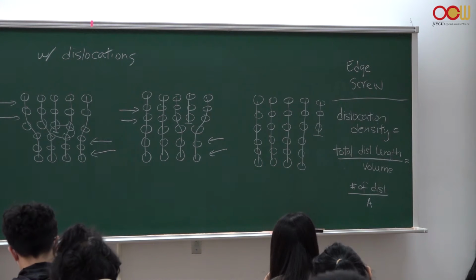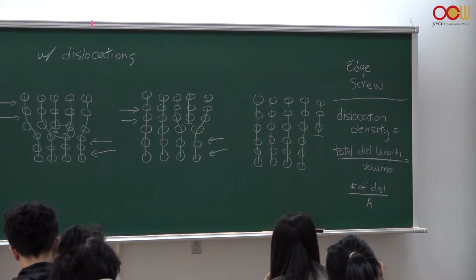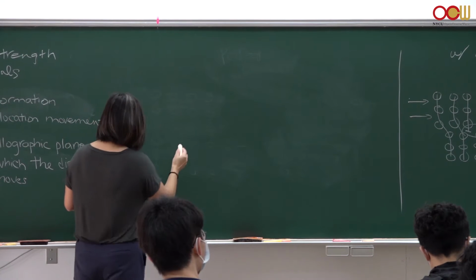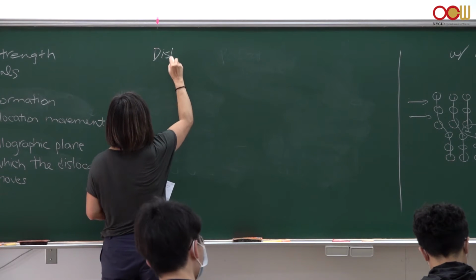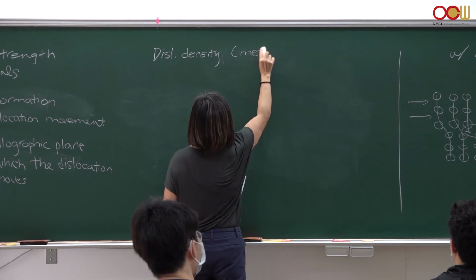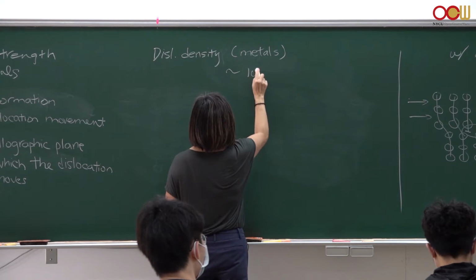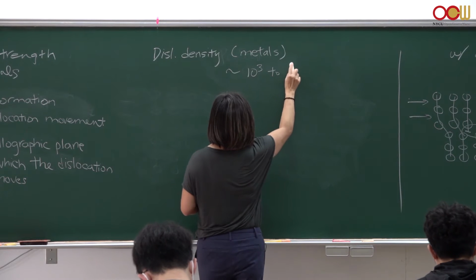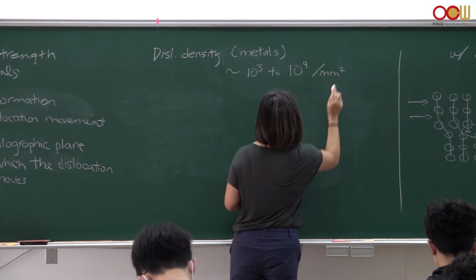So usually you'll get something per meter squared or per centimeter squared. A typical dislocation density in metals is around 10 to the third to 10 to the ninth per millimeter squared.